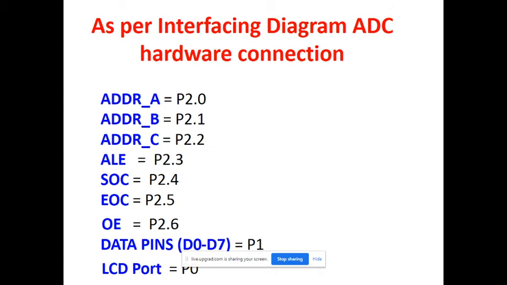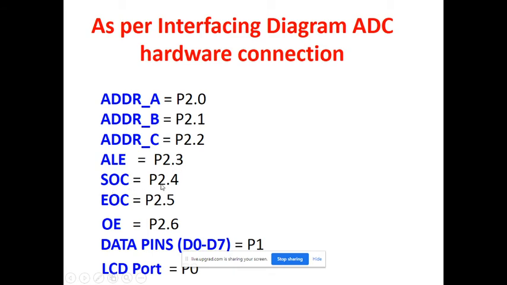Now, as per this interfacing diagram, I will note down which pin is connected where, because with the help of this pin configuration we are writing the code. Okay, now write down: A, B, C channel selection pins are connected to 2.0, 2.1 and 2.2. Then the next pin, the ALE pin, is connected to 2.3.